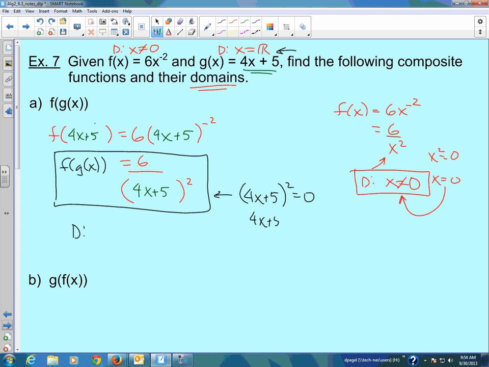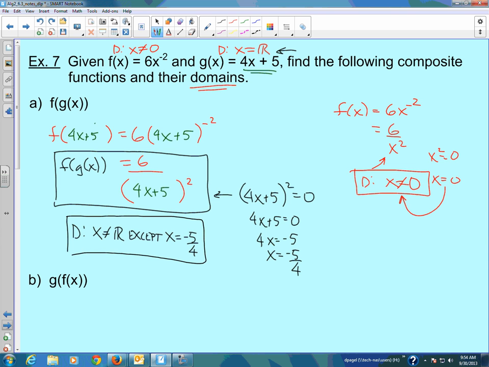So if we did that, we get 4x is equal to negative 5, and x is equal to negative 5/4. So we know that that's the value of x that I cannot be. If I had a negative 5/4 in here, I'd produce a 0 on the bottom. So we're going to say x is equal to all reals, except x equal negative 5/4, or you could just say x cannot equal negative 5/4.